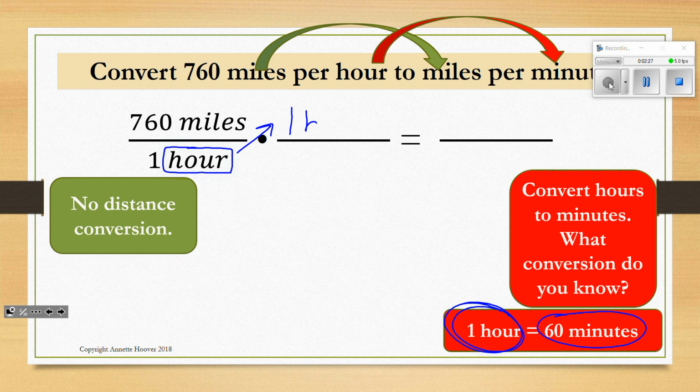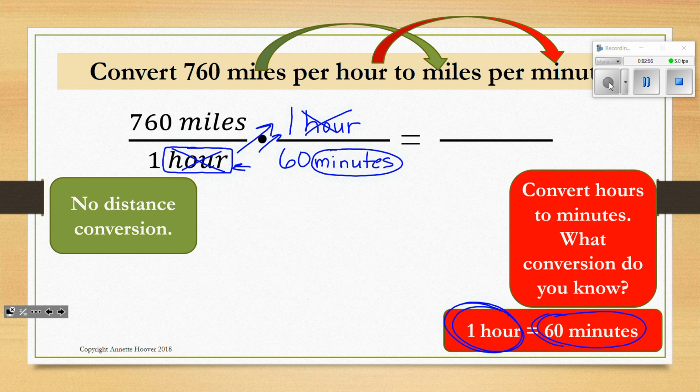So we're going to write 1 hour on top, and then we're going to write the second half of the conversion, 60 minutes, on the bottom. So all we did was take the information that we knew and set it up as a ratio, but now hour on top and hour on bottom cancels out, and we're left with minutes. So when you set up these conversions, they have to be on the opposite. If this one's on the bottom, then the next one has to be on top so they can cancel out.